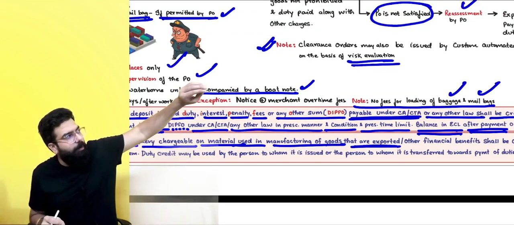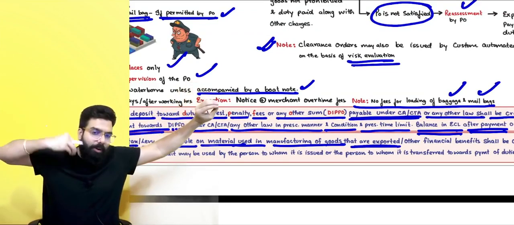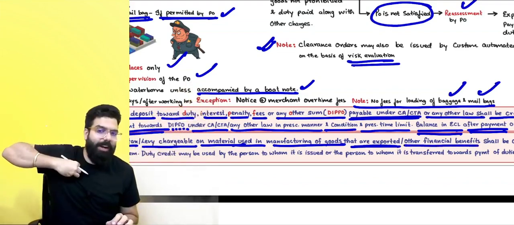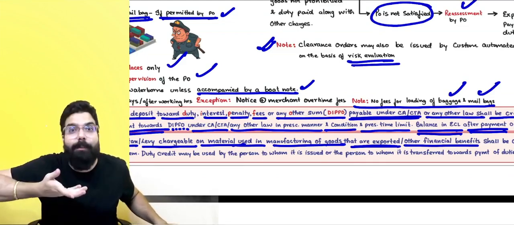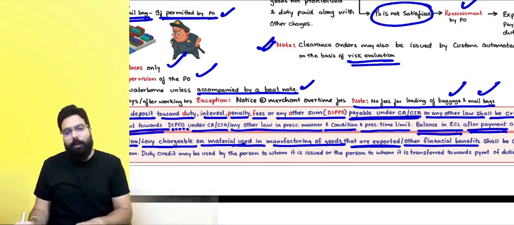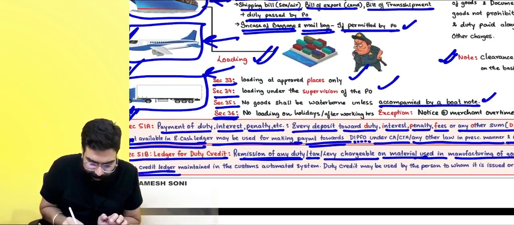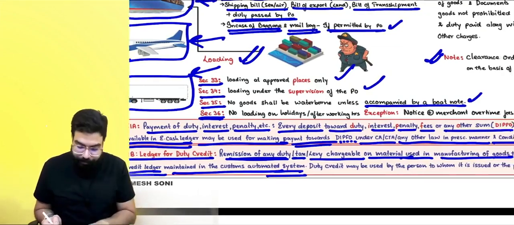So you went ahead and exported some goods and there is any remission of duty which is to be given by the government to you, or any financial benefit which the government has to go ahead and give it to you. Might be you have to receive some coupons, that is scripts from the government, then all those will be credited to an electronic duty credit ledger which is maintained under the custom automated system.